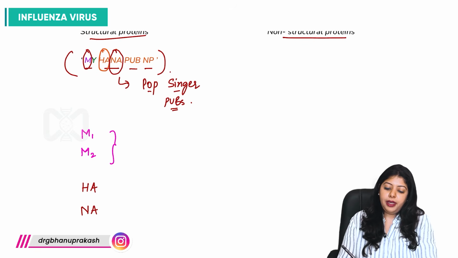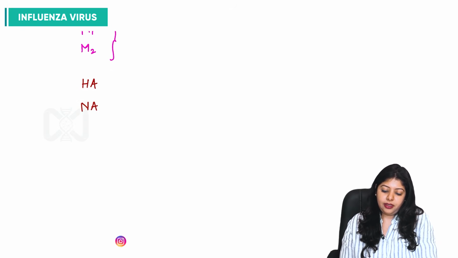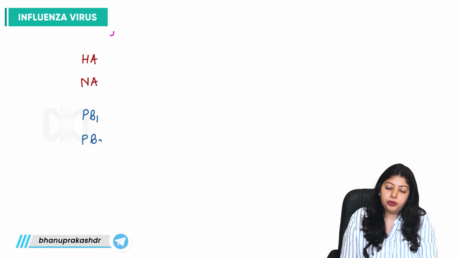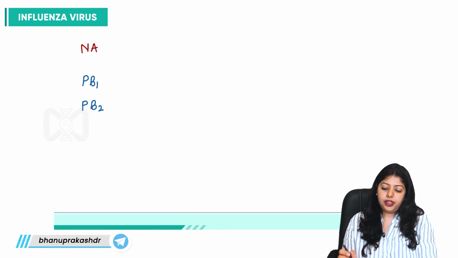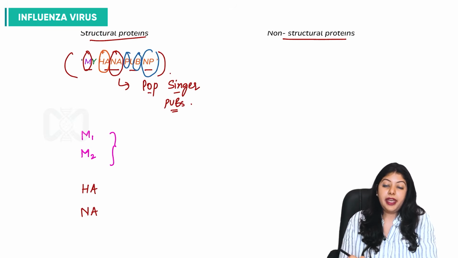Then we'll take P and B from pub. So this comes down to PB1 and PB2. Then we'll have to add PA. And the last structural protein is going to be NP.